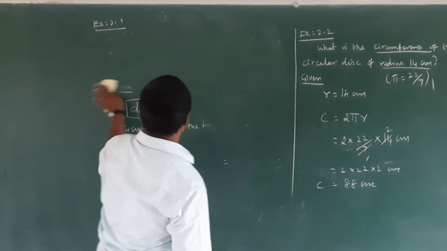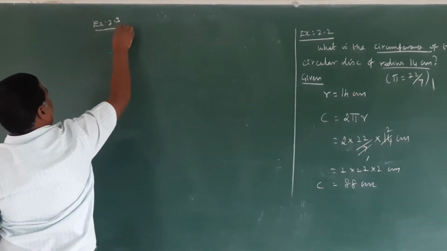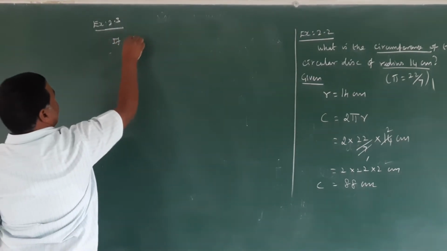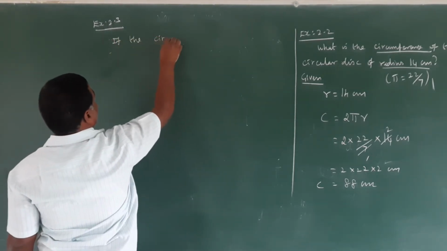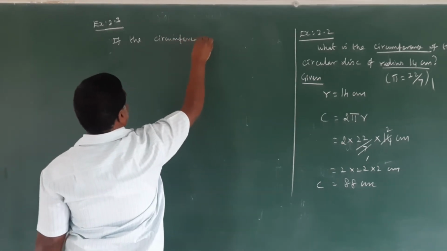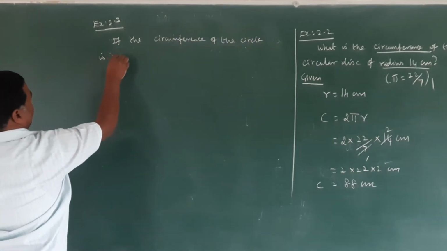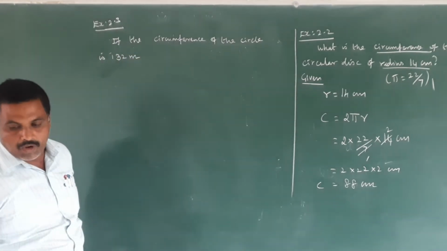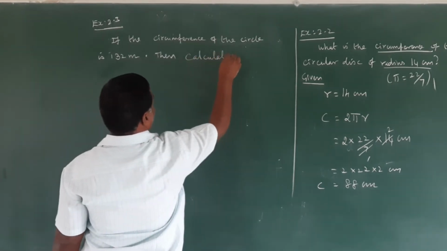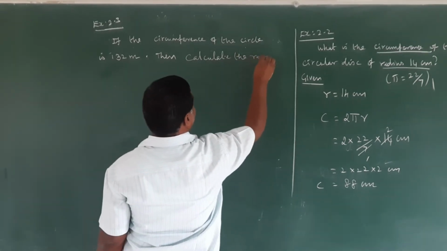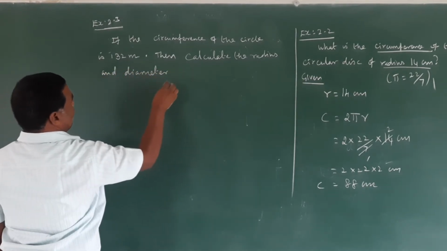Now example number 2.3. If the circumference of a circle is 132 meter, then calculate the radius and diameter.